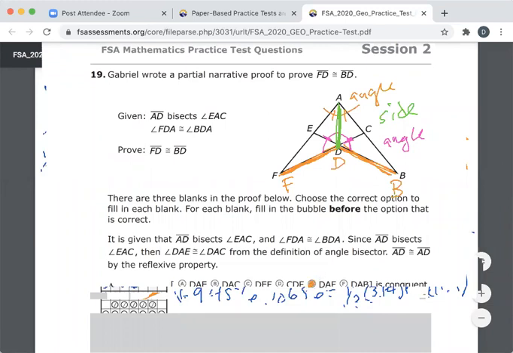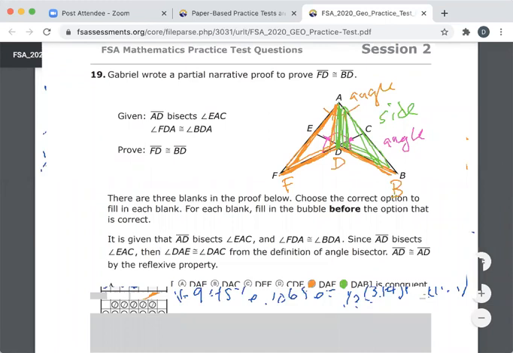So it could be this one or it could be this one, right? So let's say DAF is this orange triangle and DAB is this green triangle. So DAF would be the same thing as DAB.